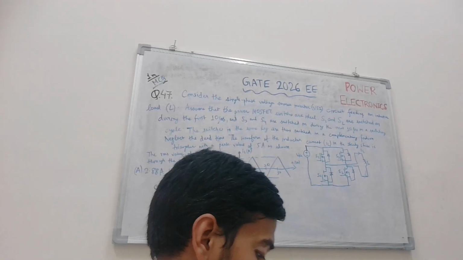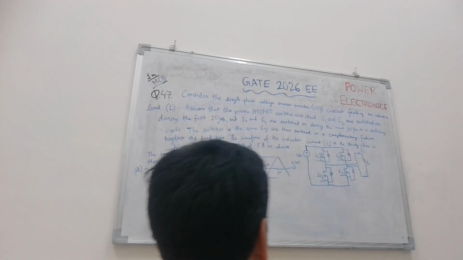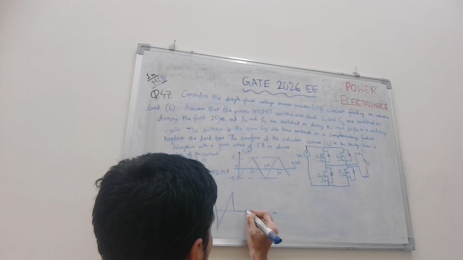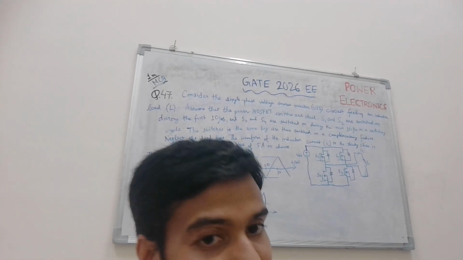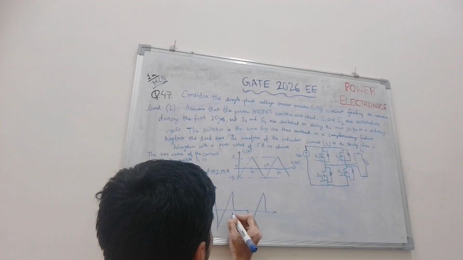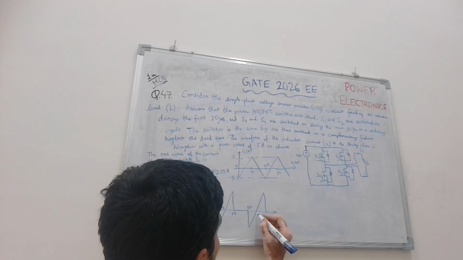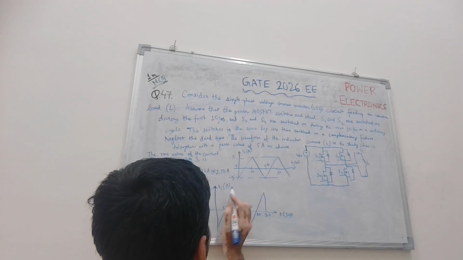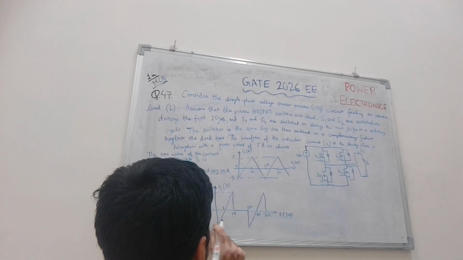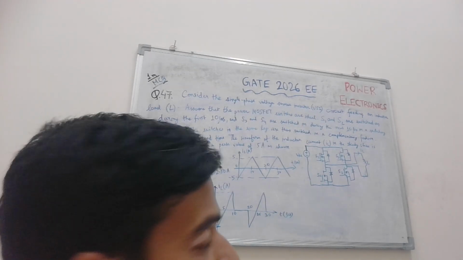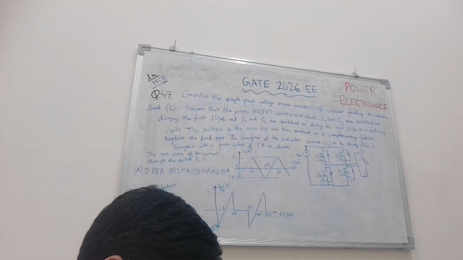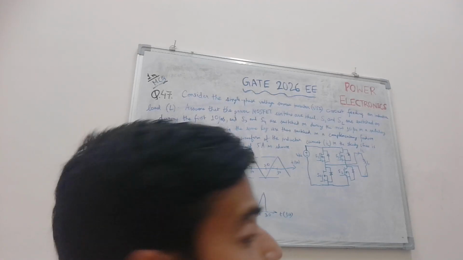Okay, so the waveform of the current through switch S1 we can draw somewhat like this. Switch S1 current waveform. So we want to find the RMS value of the current through switch S1.